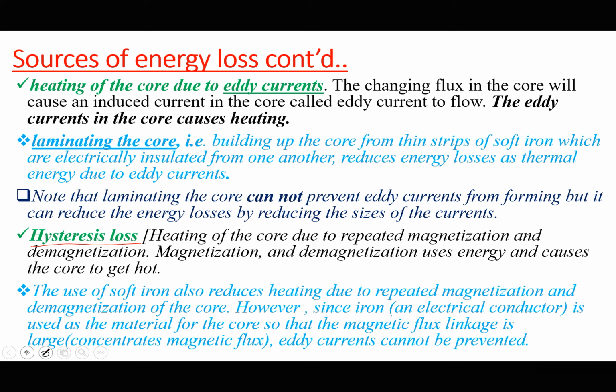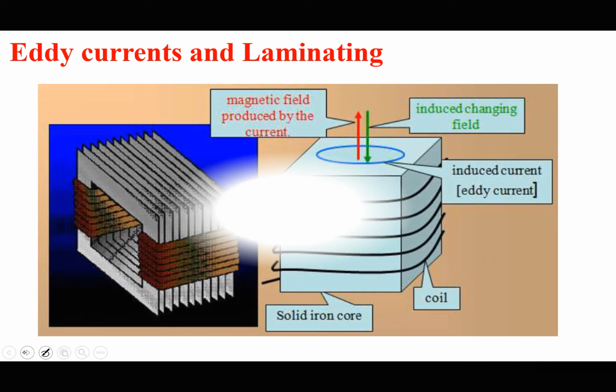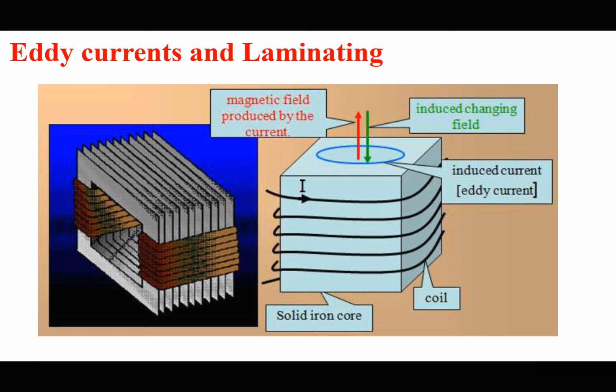So before we leave this, let's understand what we mean by laminating in more detail using a simple diagram here. These are strips of soft iron, 1, 2, 3, up to 11. So I have 11 strips of soft iron here. What we mean by laminating is that between each of these strips, we put an insulating material. It could be rubber, it could be wood.